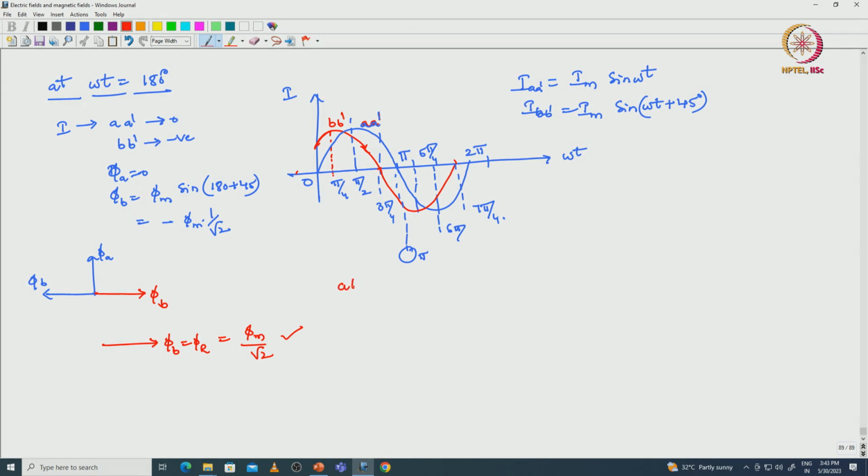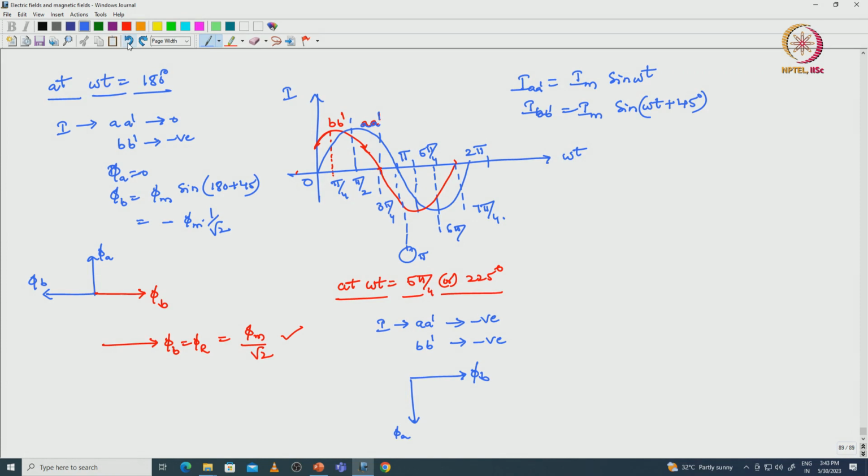Then at omega t equals 225 degrees, the current in coil A dash is negative and B dash is also negative. With respect to our reference vector analysis, that is this one, phi A should be reversed and phi B also should be reversed. So the resultant vector is in this manner.